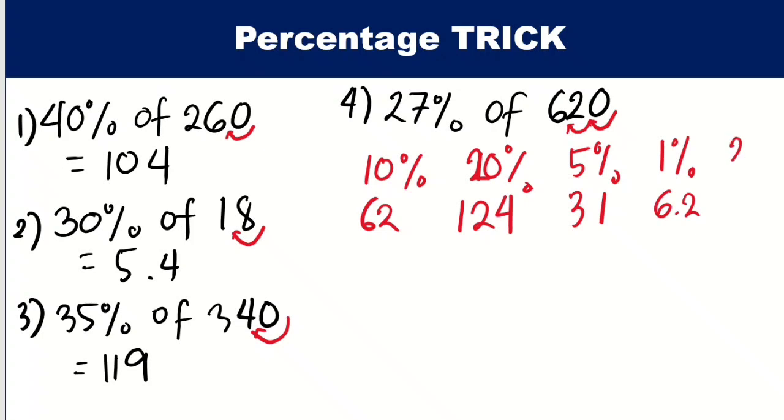And getting the 2% of it, simply multiplying it by 2. So 6.2 times 2, 6 times 2 is 12. And then 0.2 times 2 is 0.4.